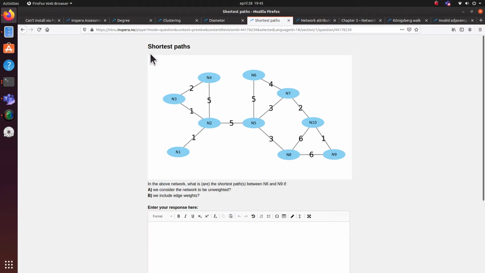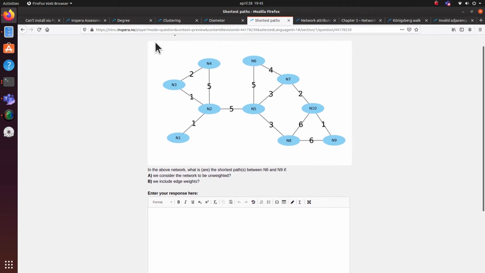Let us now move on to shortest paths, or stay on the topic of shortest paths if you want to look at it that way. We are provided here n6 and n9, this node here and this node here.